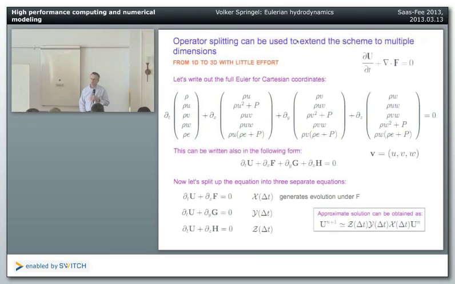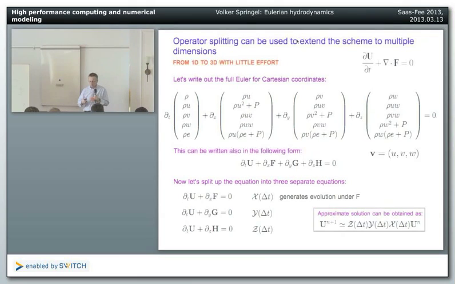For example, suppose you have a point explosion, and you first let it explode a little bit in the x direction, a little bit in the y direction, and a little bit in the z direction. The little bit that you do in the y direction will already be affected by what you have done in the x direction. So it will not necessarily stay perfectly symmetric. But experience shows that this is usually okay, though not in all cases. With an unsplit scheme, you could avoid that.